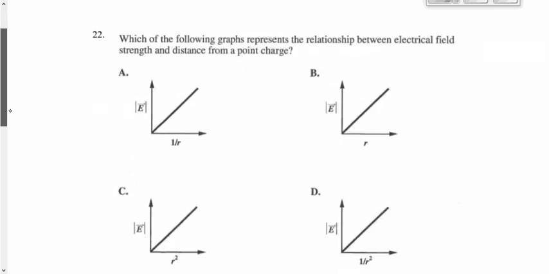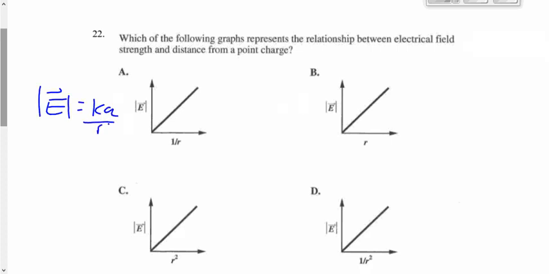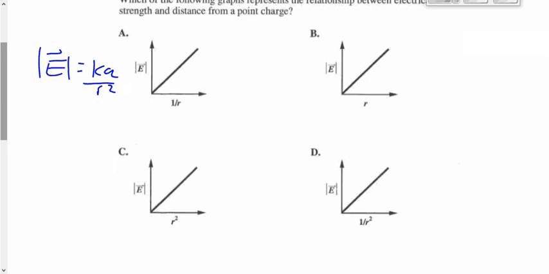Which of the following graphs represents the relationship between electric field strength and distance from the point charge? This is the equation, right? KQ over R squared. Which one is it? Oh, it's C, isn't it? E and R squared. Right? No, which one is it? It is D. It's definitely not this one.